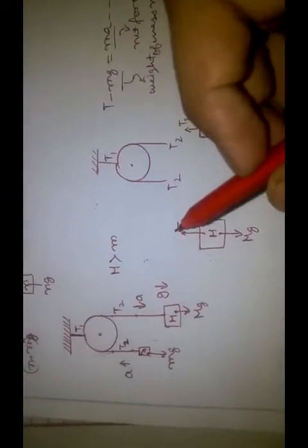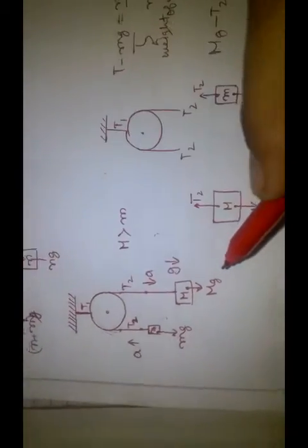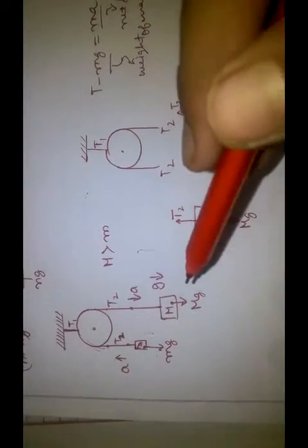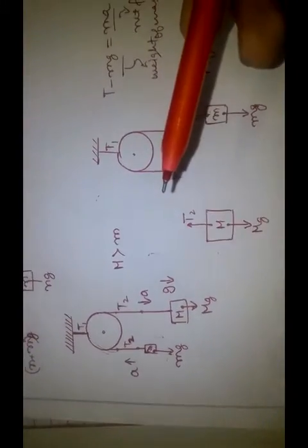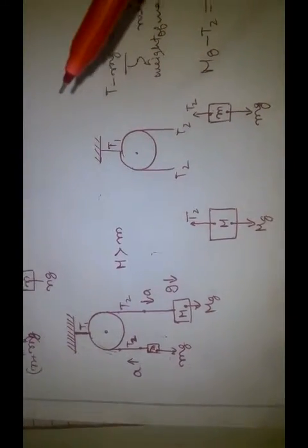There are many types of systems in pulleys. So this was the first type, and this is the second type. Basically there is no particular name like type 1, type 2, type 3. Since we have learnt in this series, we are familiar with these names.